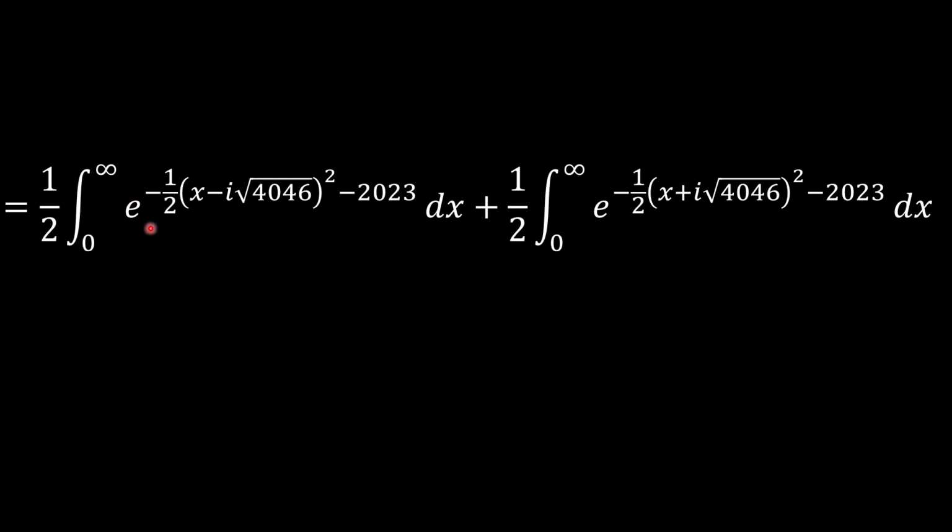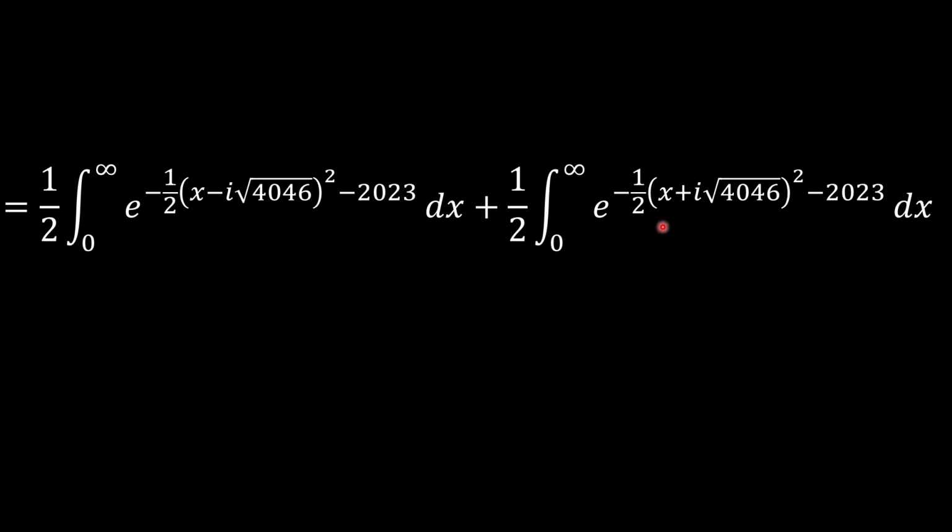For the first part, we get e to the power negative a half times x minus i times the square root of 4046, squared, minus 2023, because we're trying to remove what comes from squaring this second constant part.